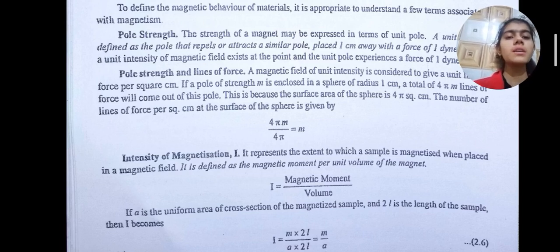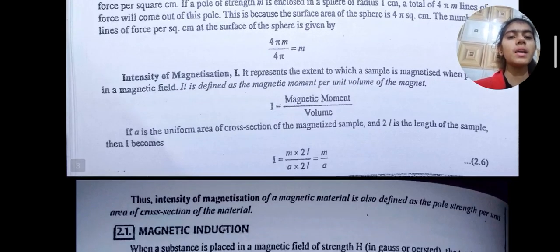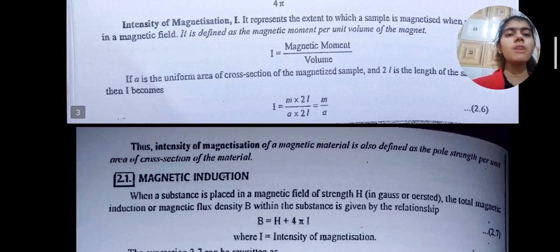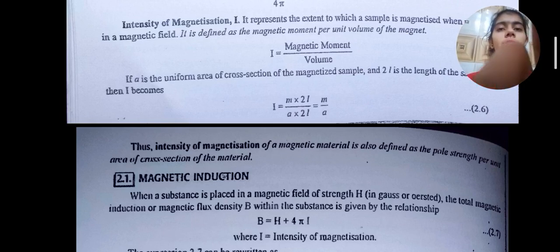If A is the uniform area of cross section of the magnetized sample and 2l is the length of the sample, then I becomes m/A. Thus, intensity of magnetization of a magnetic material is also defined as the pole strength per unit area of cross section of the material.